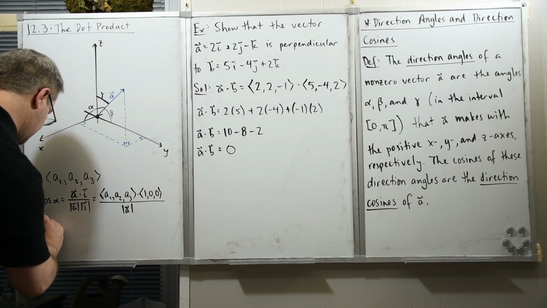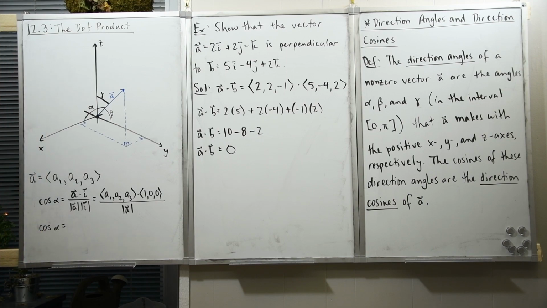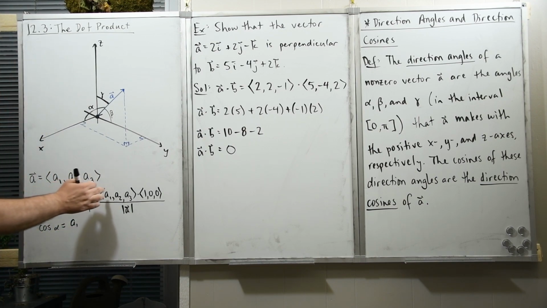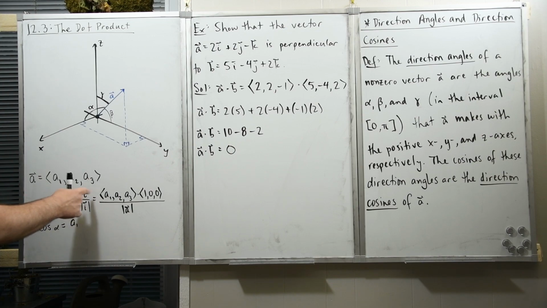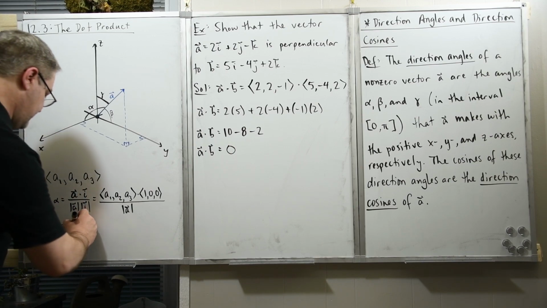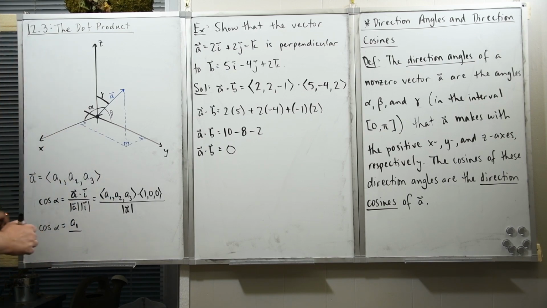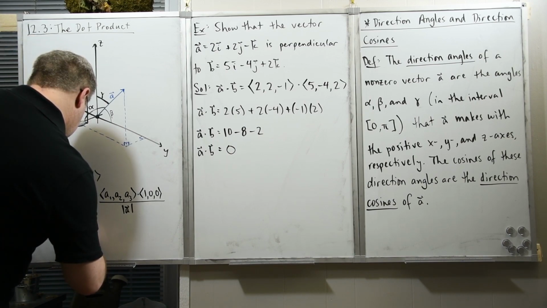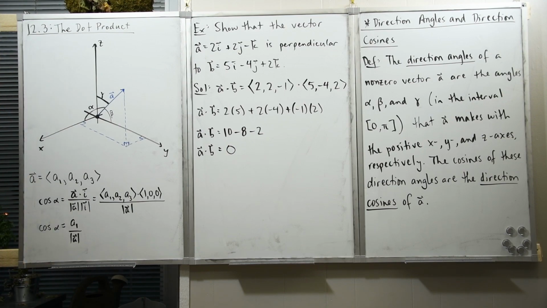And so this means that the cosine of alpha, when you take the dot product along the top, A1 times 1 gives you A1. You add A2 times 0, but that's just 0. You add A3 times 0, well that's also just 0. Which means the dot product of A and I is just A1, the first component of A. And as I mentioned before, the magnitude of I is just 1, so the bottom part is just going to be the magnitude of A. So cosine of alpha is A1 over magnitude of A.